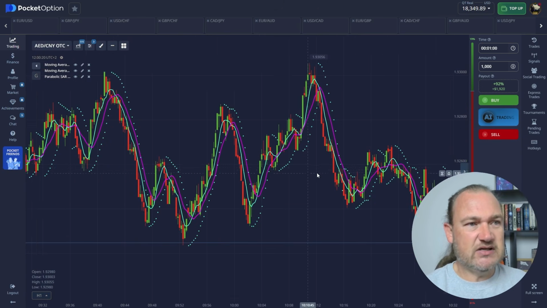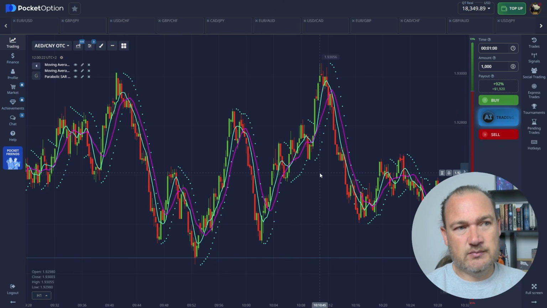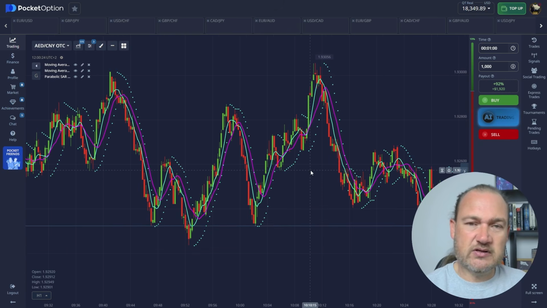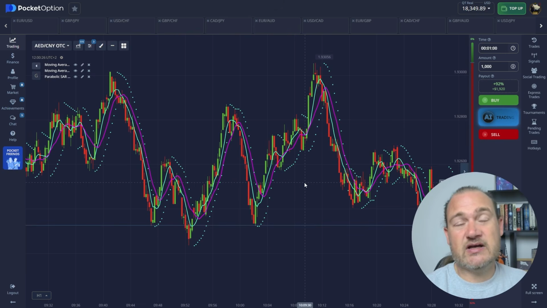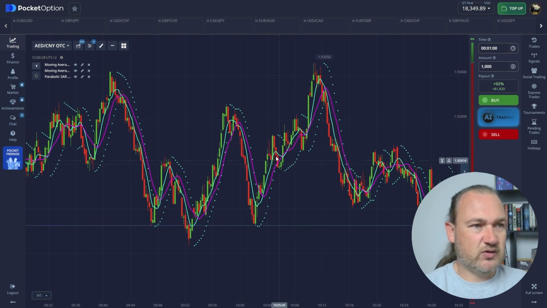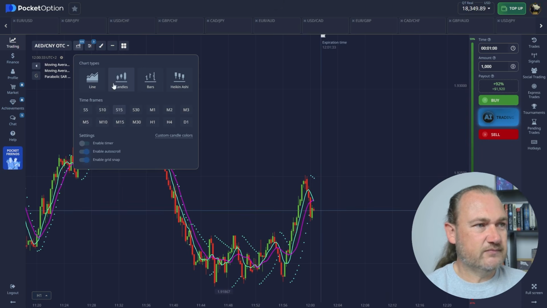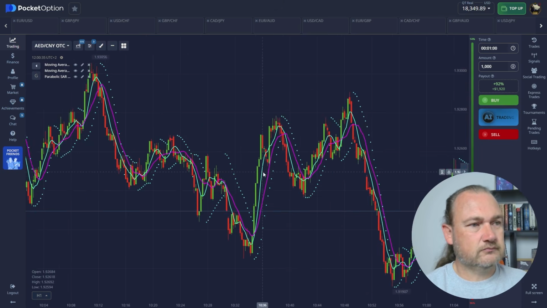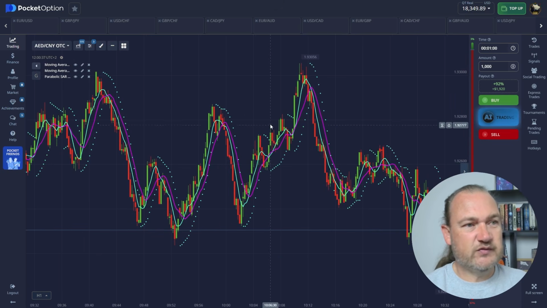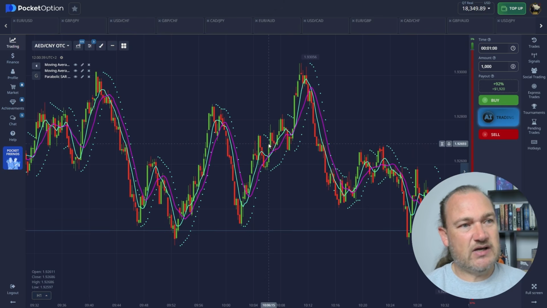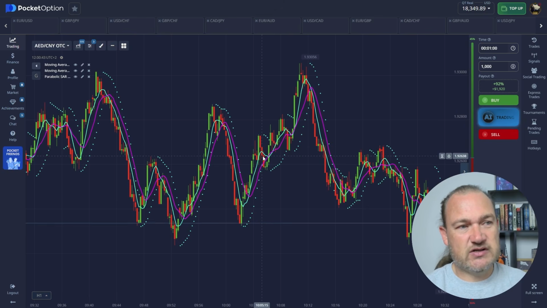And this needs to be in a trending price, right? So we need the market to be trending already, or at least be in an established trend already. We can see that, let me just switch this off quick. When price was moving up here, the moving averages were bullishly crossed over.